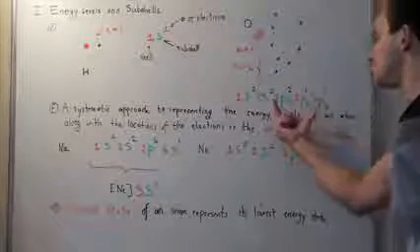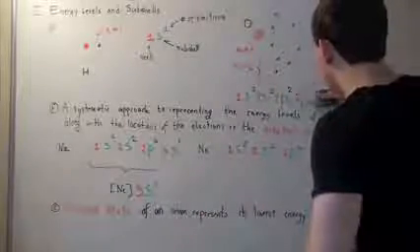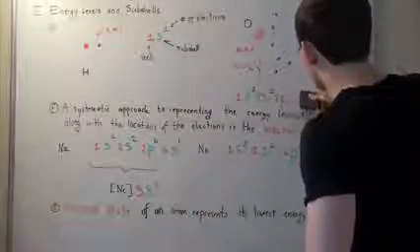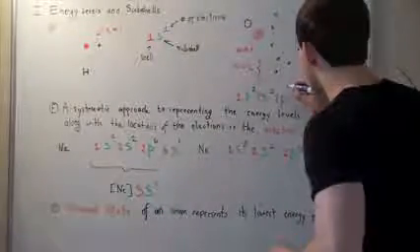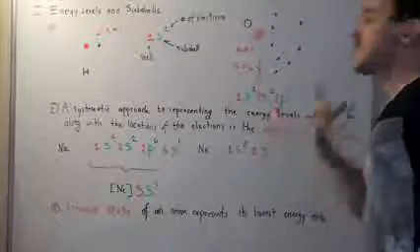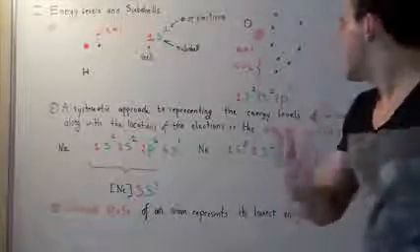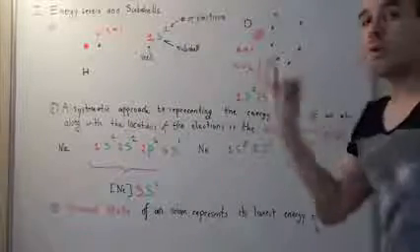So we can also represent this guy in the following way. We simply erase all these x's and z's, and simply say 2p, and we place a 4 on top. Now, whenever we do this, we make the assumption that you understand the fact that this is not a single orbital, but this is actually 3 orbitals.